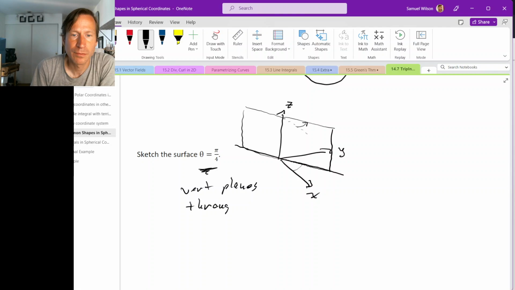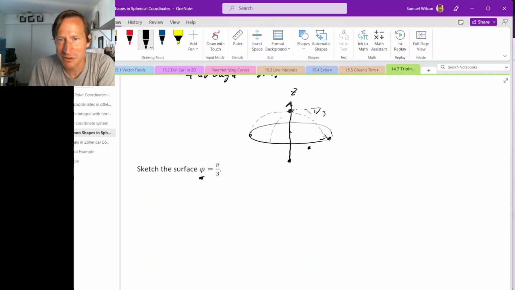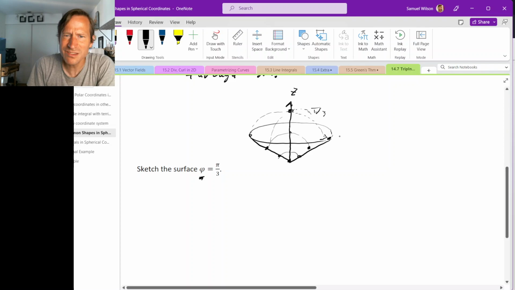But I started at this point up here and went down an angle pi over 3, but we could have started down here and gone down an angle pi over 3. That would get us to here, right? Like this, or like this. So what we get is all of these points. Well, this is a whole cone of points.